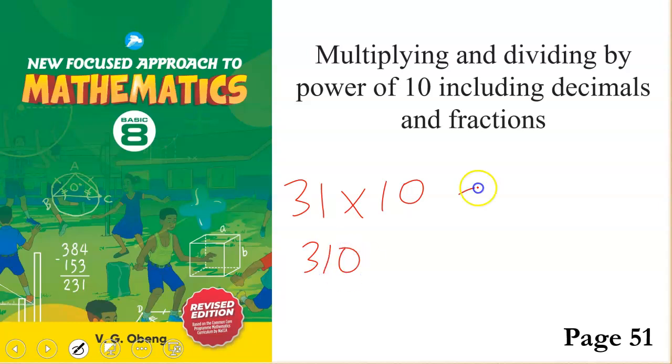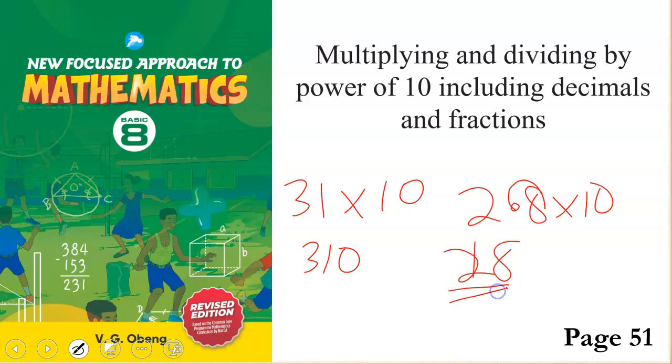If you have, let's say, 2.8 times 10, all you need to do is to move the decimal point one step to the right and that becomes 28. That is the answer. So to multiply by 10 is very easy, and to divide by 10 also is very easy.